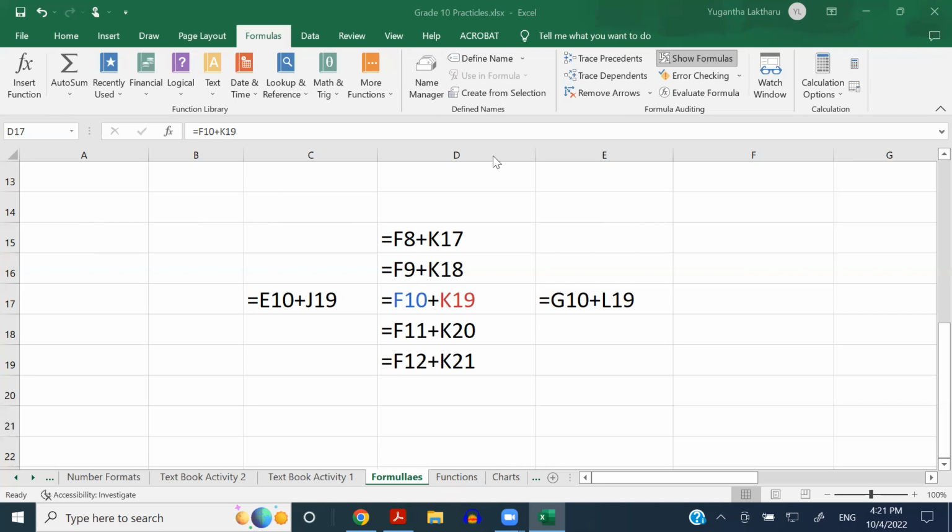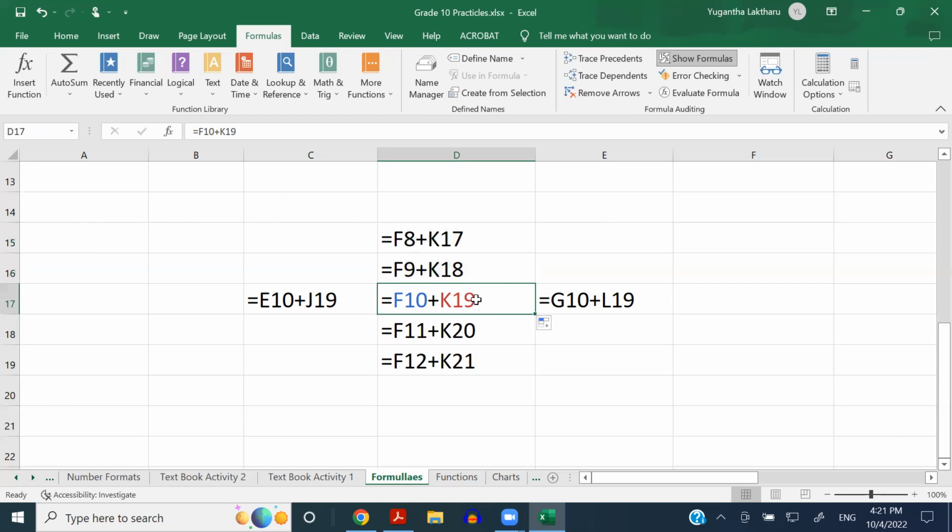Yeah, so let me sum up. We have a formula. When we copy it downwards in a column, it increases the row header. When we copy upwards, it decreases the row header one by one.